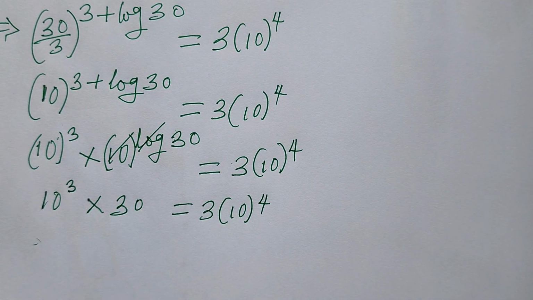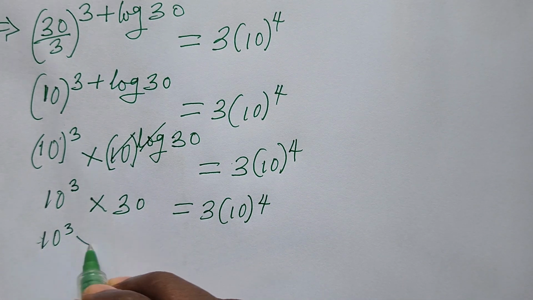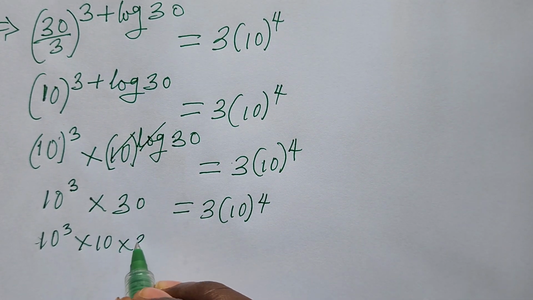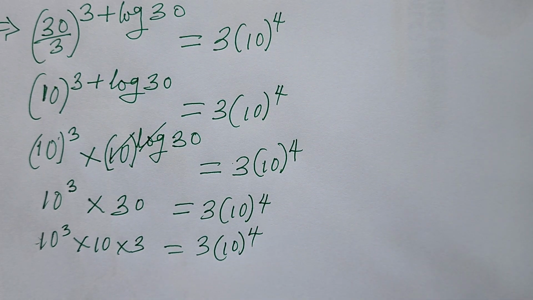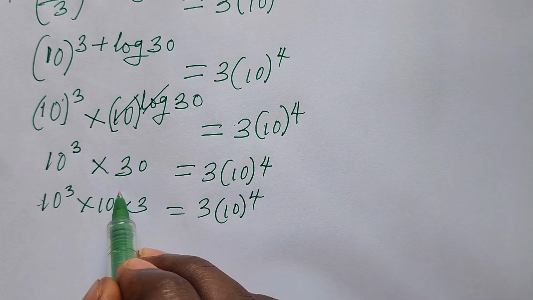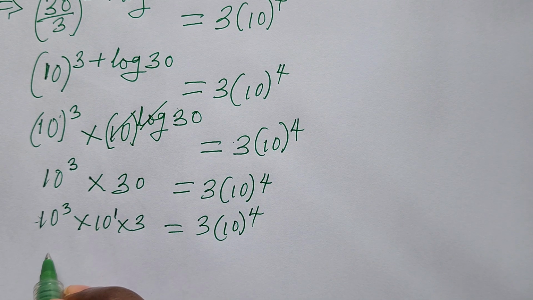Easy, right? We can split 30 into 10 times 3. So we're going to have 10 to the power of 3 times 10 times 3. Then on the left hand side we have 10 to the power of 4, since this is to the power of 1. If we add up the exponents, since the bases are the same, that will give us 4.